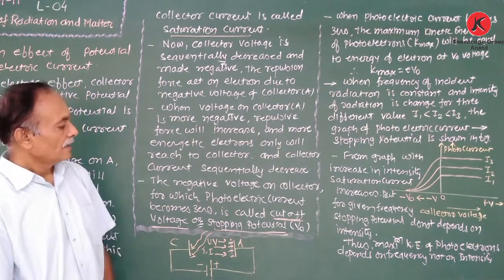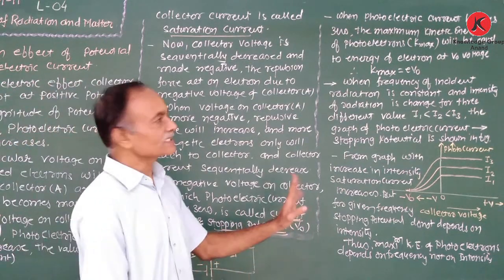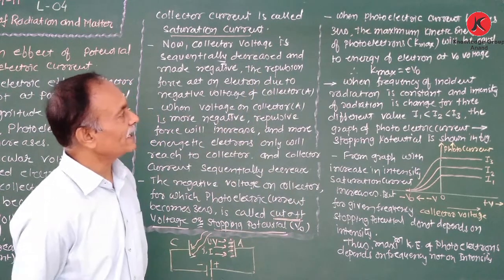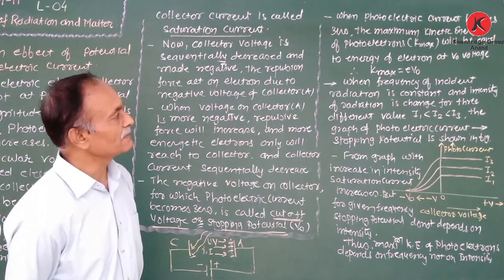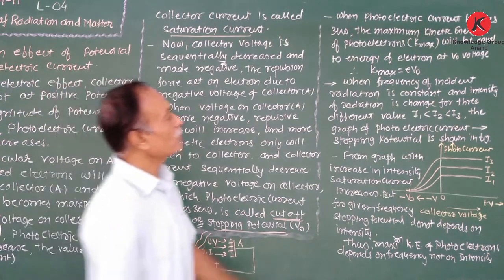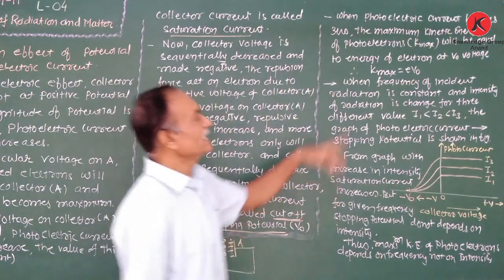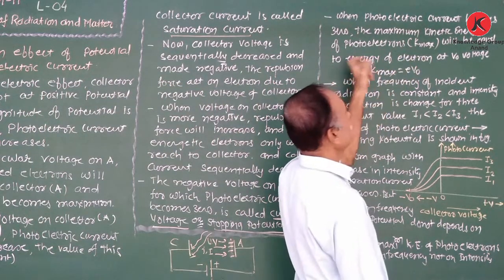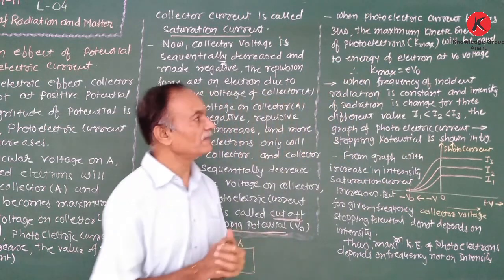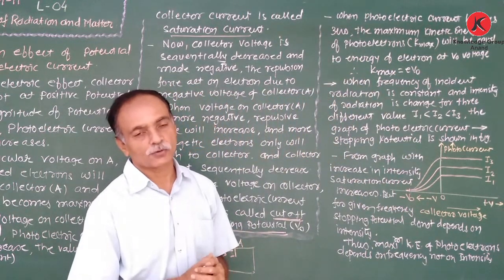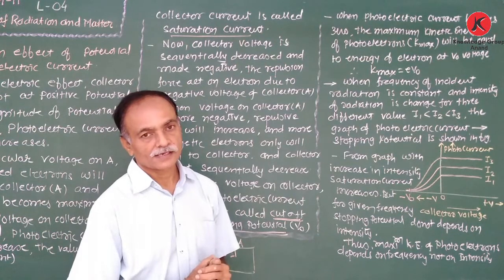Now, on the basis of this discussion, when the photoelectric current becomes 0, the maximum kinetic energy of photoelectrons, K maximum, will be equal to the energy of the electron at V0 voltage.